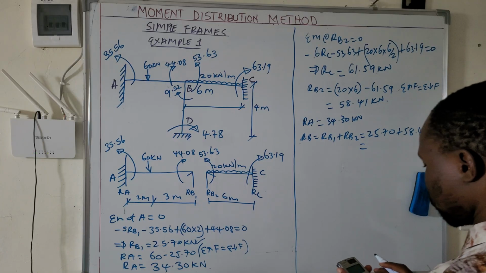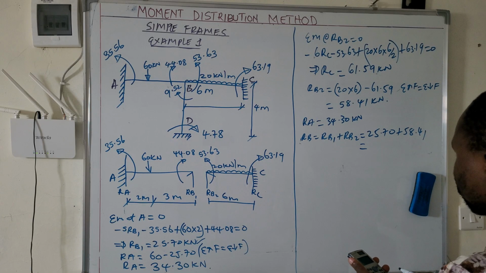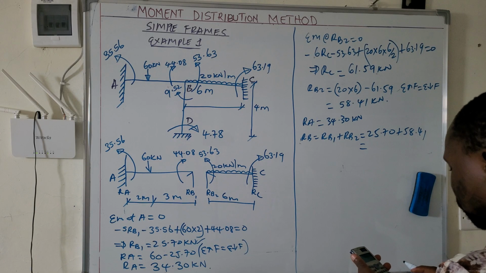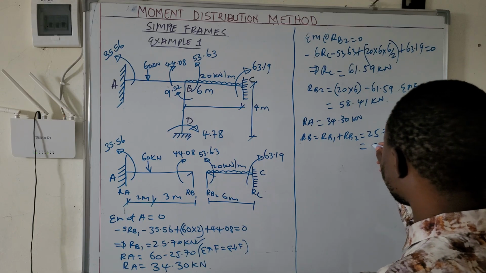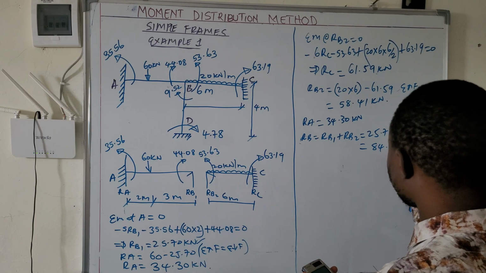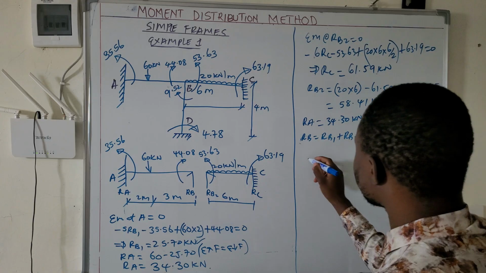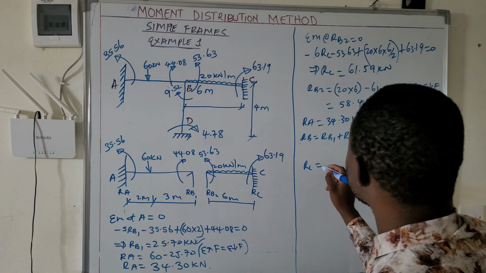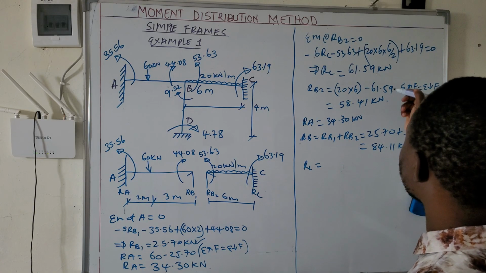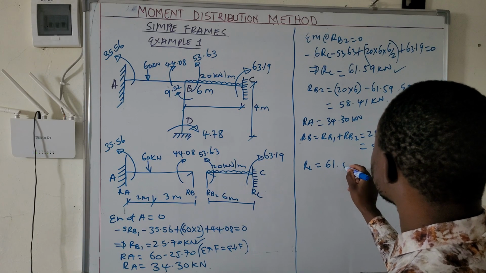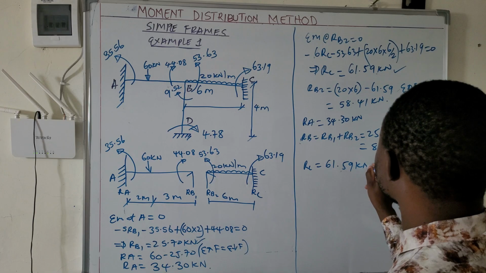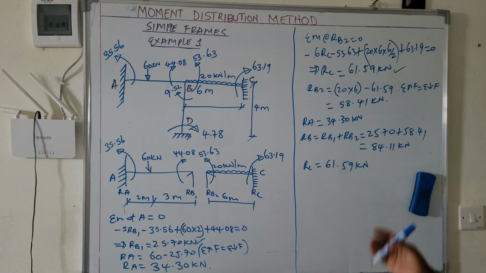So this one will be 25.7 plus 58.41, which is 84.11 kilonewton. Then RC is equal to 61.59 kilonewton. We can proceed and draw the shear force diagram.